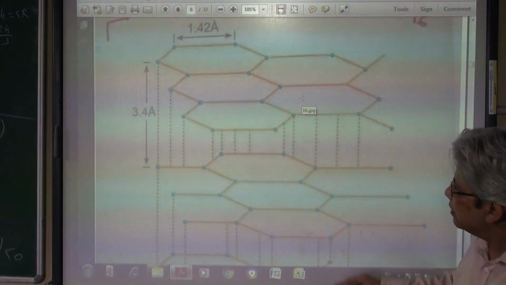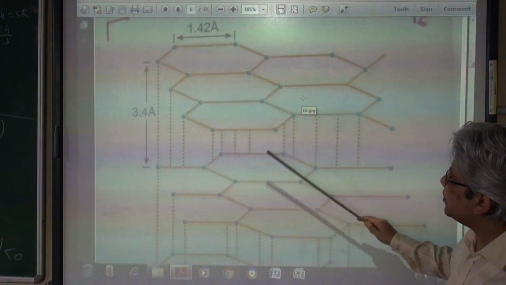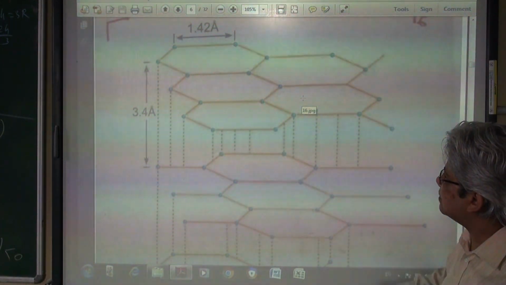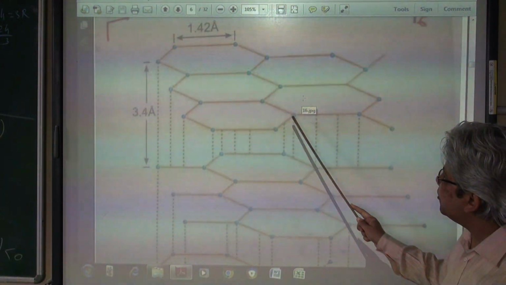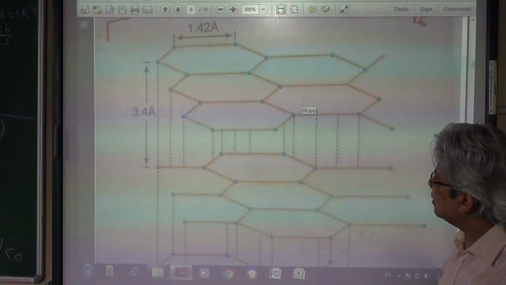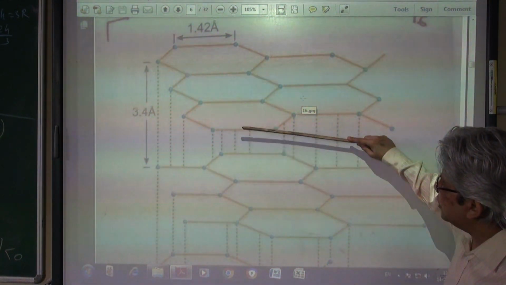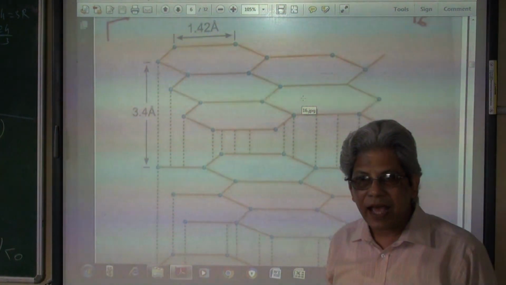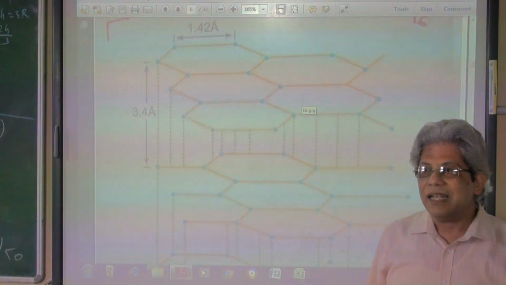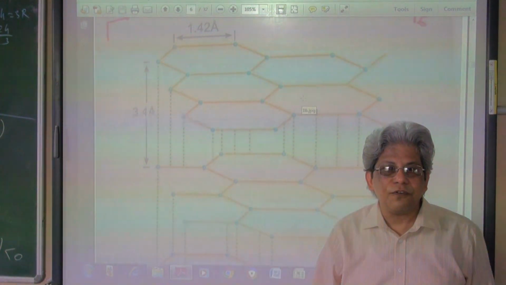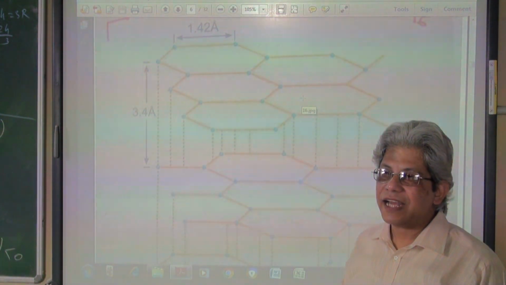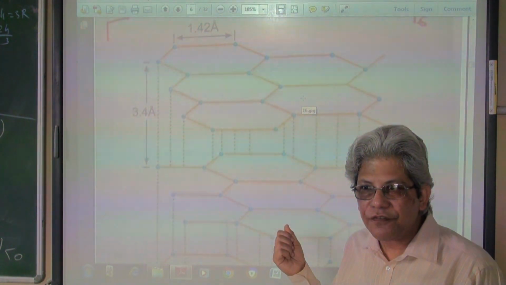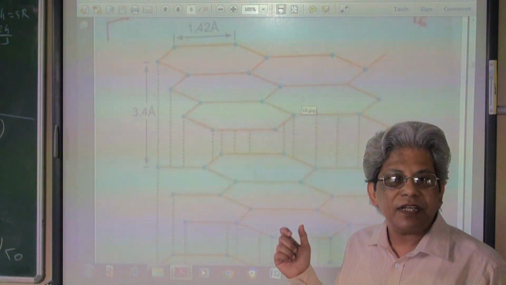But remember, they are not forming a pure covalent bond like this. So these bonds are stronger, but the interaction between the layers is weaker. As a result, the layers can slide over each other. That's why graphite is soft and has a greasy film.